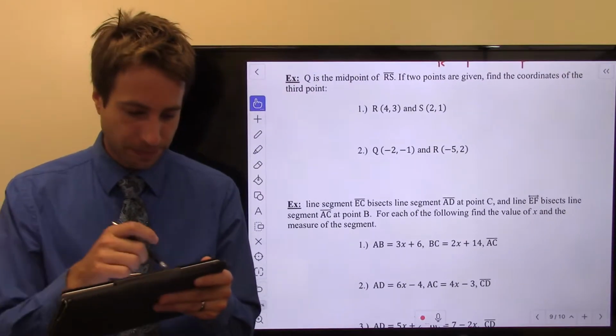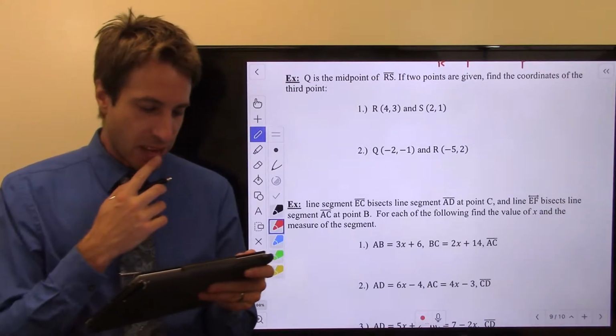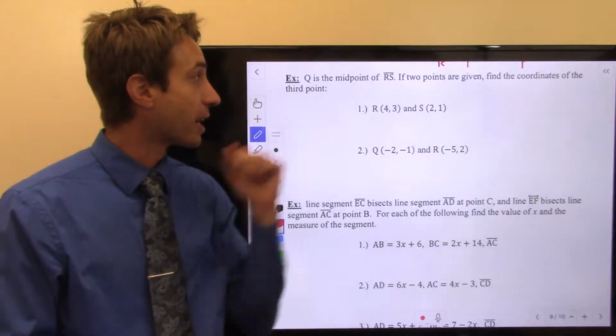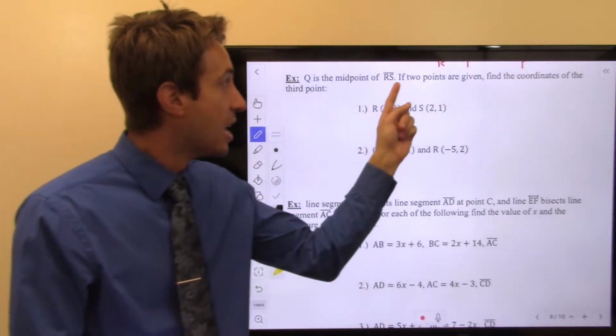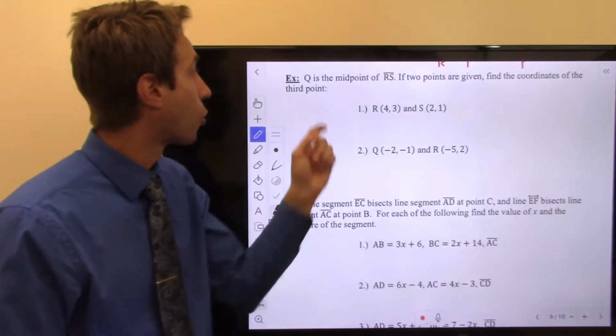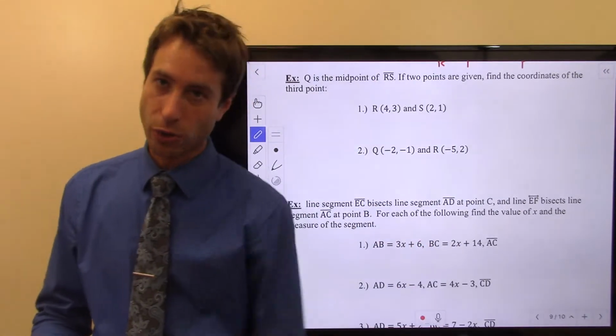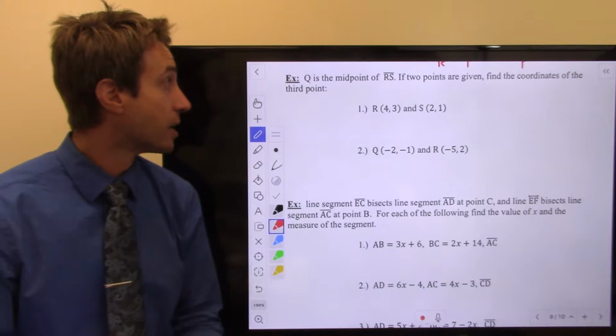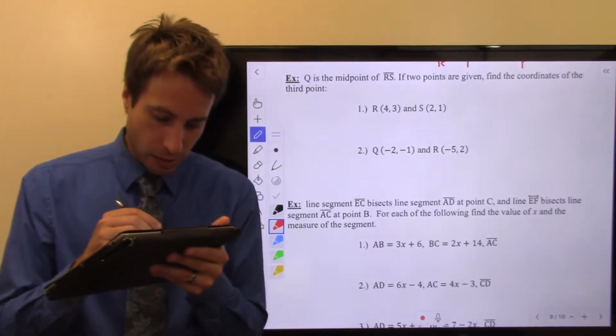Let's see. What are we going to do in this one? Here's what I tell you. I tell you that Q is the midpoint of the line segment RS. Fantastic. 2 points are given. Find the coordinates of the third point. Great. So we're going to practice a little bit here using the midpoint formula. Let's do this. Line segment RS. So let's do that.